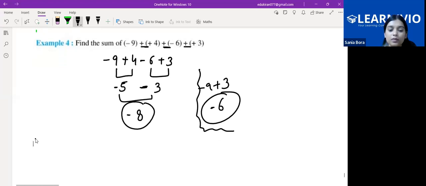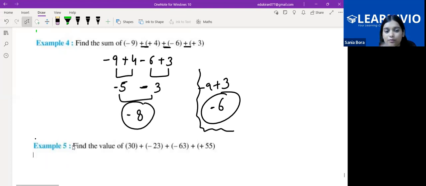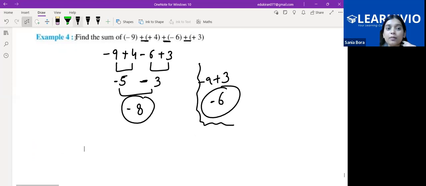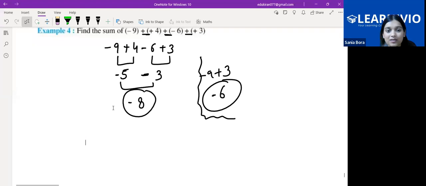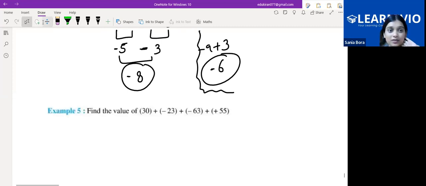Ma'am, I wrote. Okay. Start doing this one. Okay, let me just erase one. Ma'am, there's no sign on the first one. Yes, it is positive always. The number which doesn't have a sign, let me just paste it again. I erased it by mistake. Sometimes my writing pad behaves so weird.